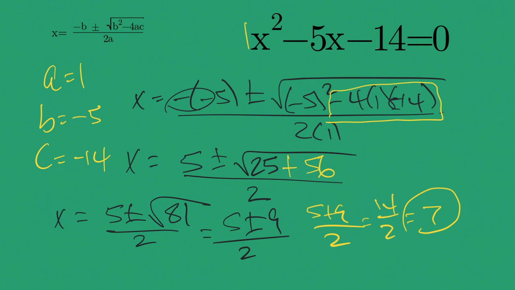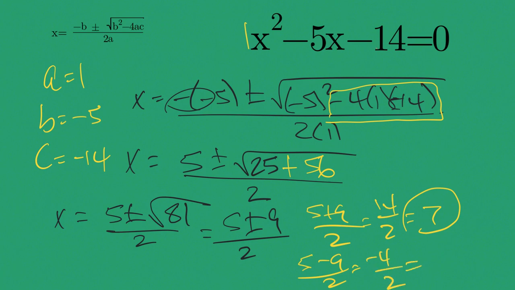The other one we have to look at is 5 minus 9 over 2. Guys, what is 5 minus 9? 5 minus 9 is negative 4 over 2, which is what?